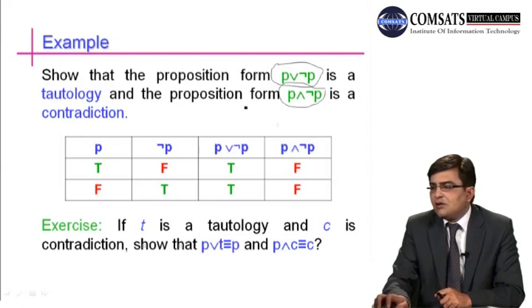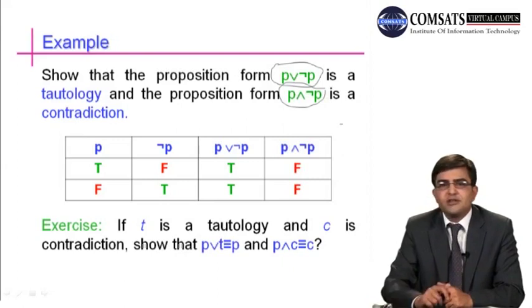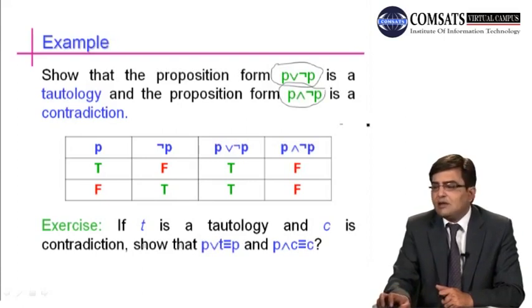To construct the truth table of these two compound propositions, we need only one proposition, P. All possible truth values of P are true and false, as given in the first column of the table, and the negation of P will be F written here corresponding to T, and T corresponding to F.